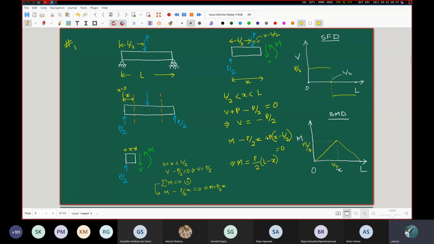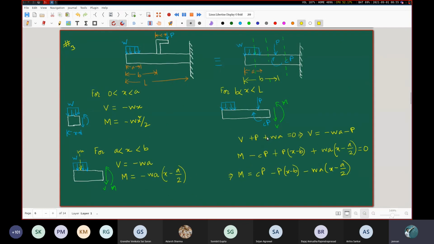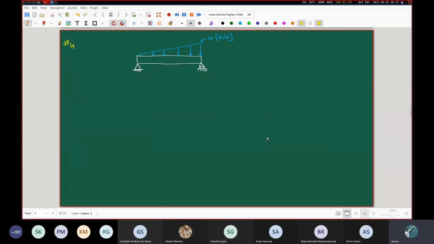Now the problem that we are going to do now is exactly the same kind of situation conceptually. The only difference is that the load is distributed in a different fashion. So our first job is to actually find out the reaction forces. Okay, we have to do that. Let me draw it here.